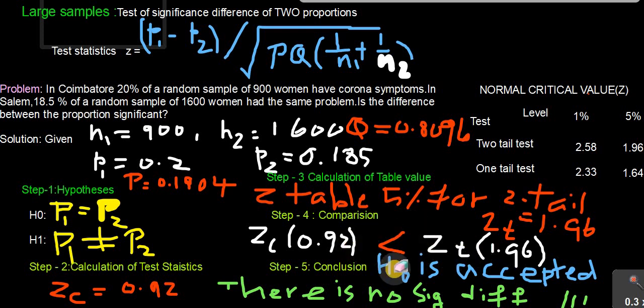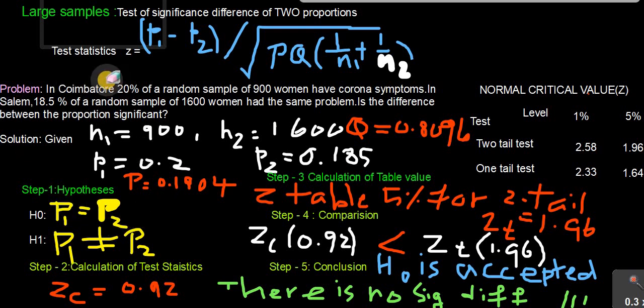The last step is the conclusion step. If this is the case, H0 is accepted. H0 means the null hypothesis. At the beginning we took that the proportion of corona affected women in Coimbatore as well as in Salem are equal.